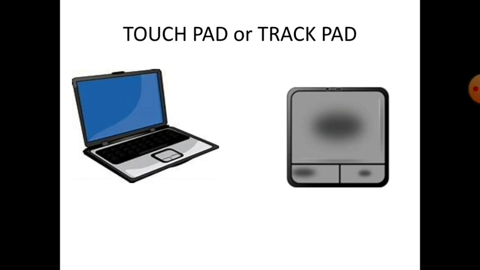This is also a pointing device having a special surface which can sense the movement of a finger. We can control the movement of the pointer on the screen by moving the finger on a special pad. You can see here the red line is drawn. This is mainly used in laptops and notebook computers.